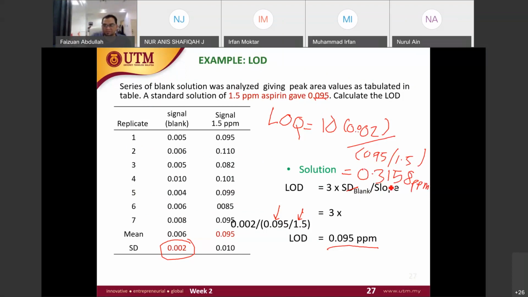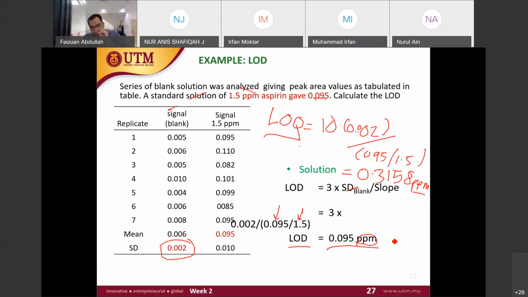Now you can see that LOQ is higher than LOD. What do we conclude? Even if the instrument can detect at 0.095 ppm, the concentration that can be verified by this instrument starts from 0.315.